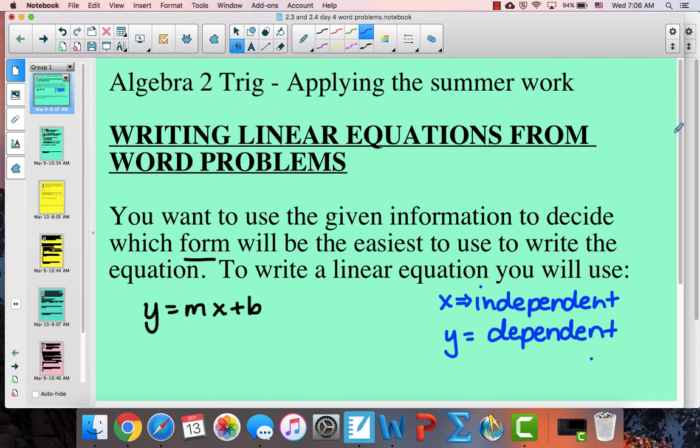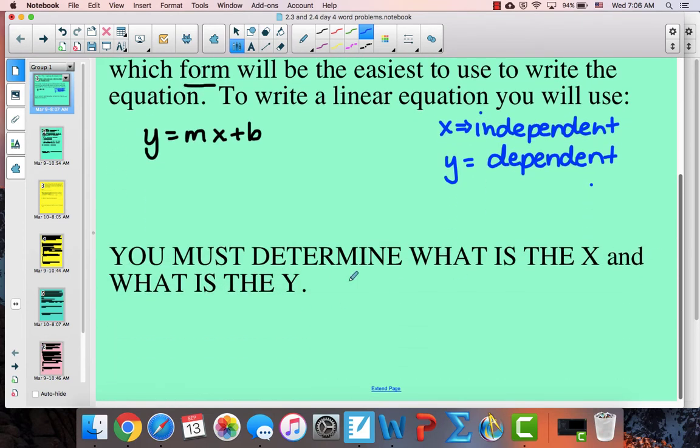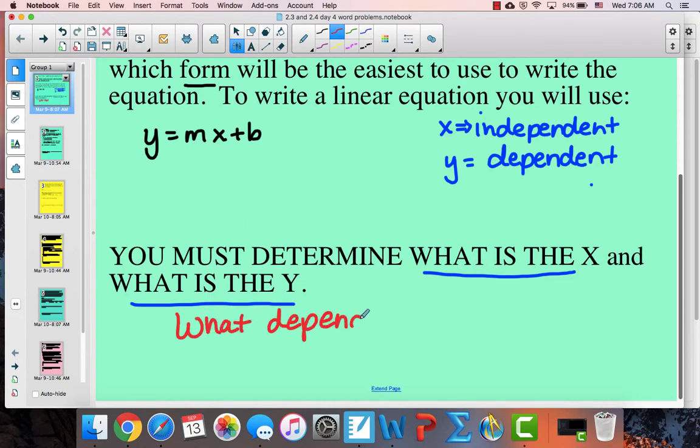So we have to figure out what is x and what's the y. So I always ask myself a question: what depends on what? Why do I ask myself that question? Well, because y always depends on x.